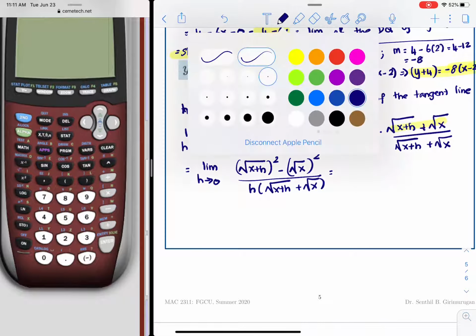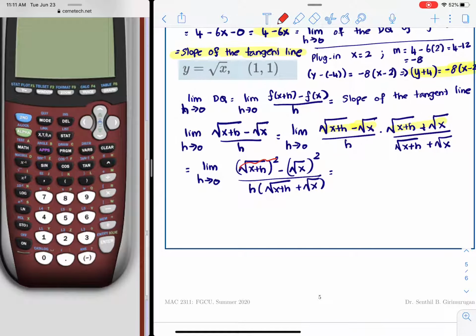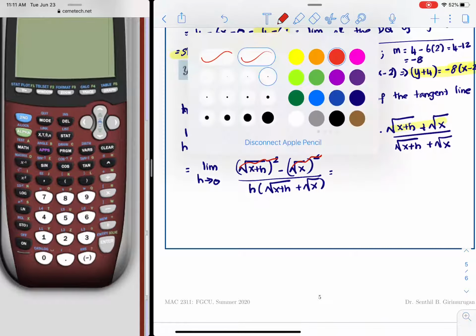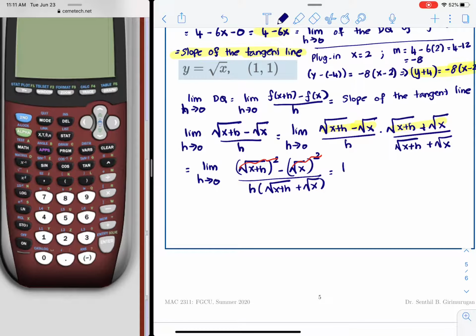The root and the square would get cancelled, and we would simply have limit as h approaches 0 of x plus h minus x divided by h times square root of x plus h plus square root of x.